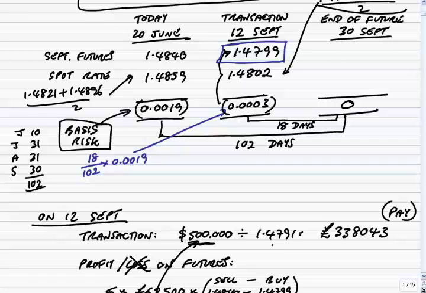Just one thing which is quite interesting, but I'm not going to do more numbers on this, is that, think about this carefully just for a moment, because it is interesting. Obviously in real life, you start your deal on the 20th of June, and in real life you have no idea what's going to happen to spot.